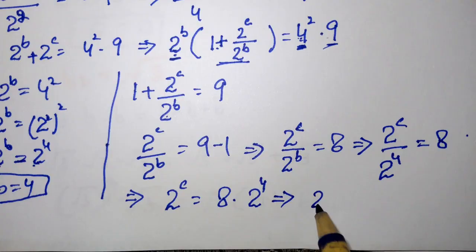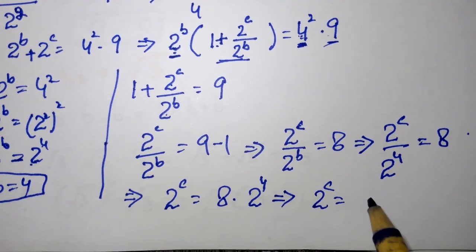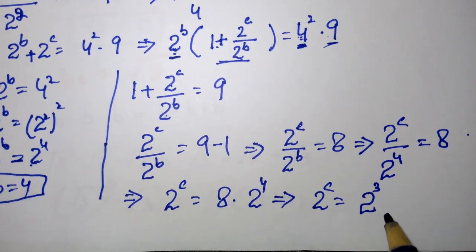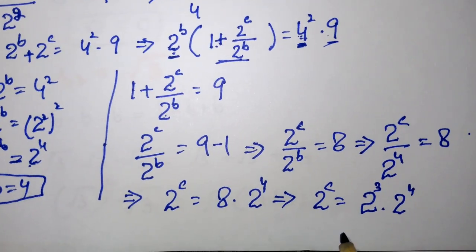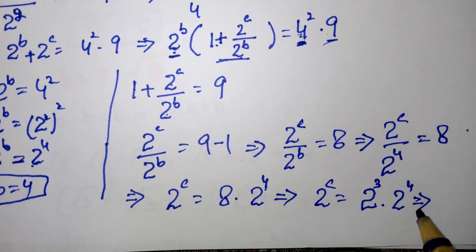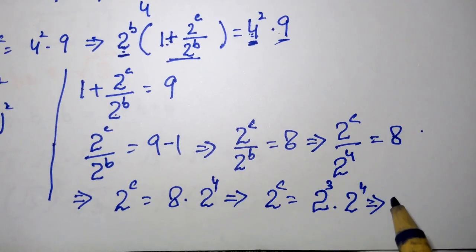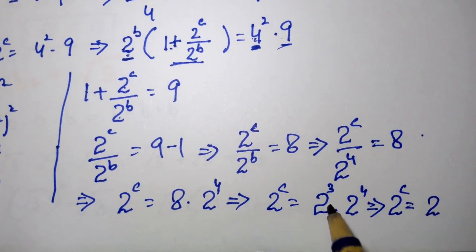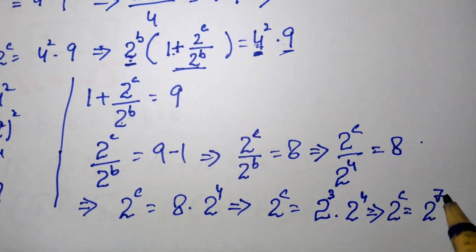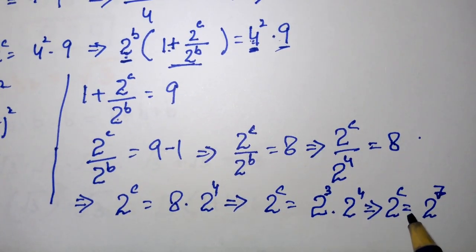2 to the power of c is equal to 8, which can be written as 2 to the power of 3, times 2 to the power of 4. 2 to the power of c is equal to 2 to the power of 3 plus 4 is equal to 7. So 2 to the power of c is equal to 2 to the power of 7.